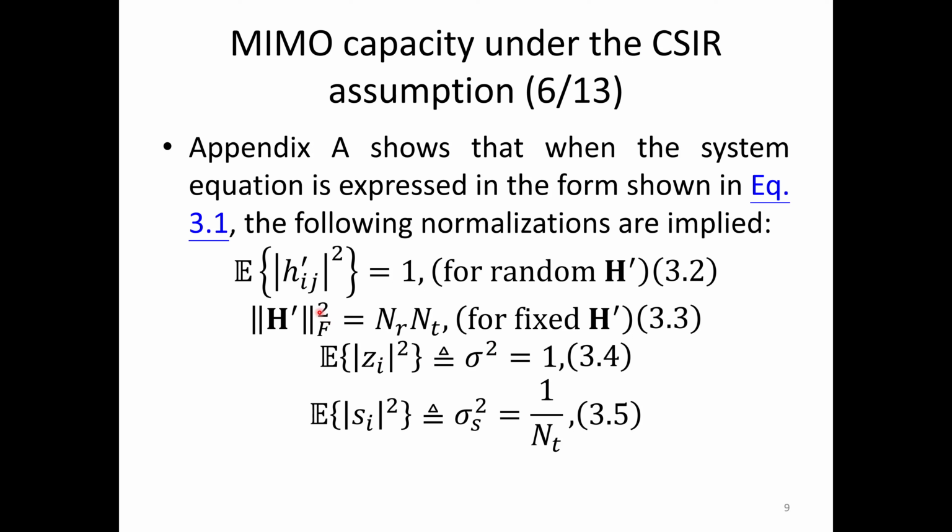The square of the Frobenius norm of H prime, where H prime is the channel matrix, is equal to nr times nt, where nr is the number of receive antennas and nt is the number of transmit antennas, for fixed H prime.